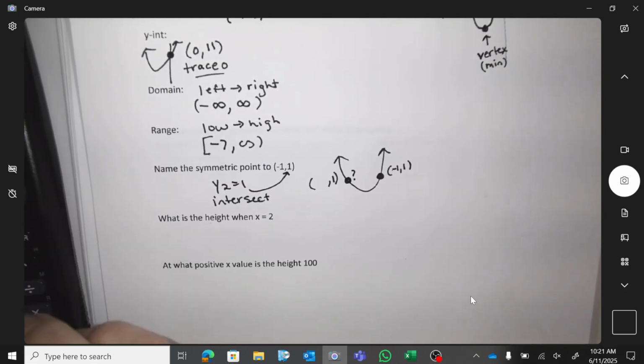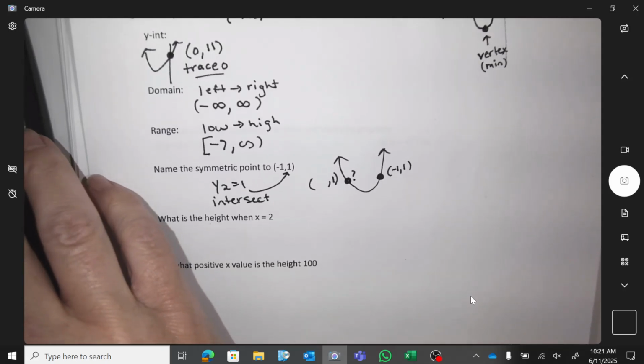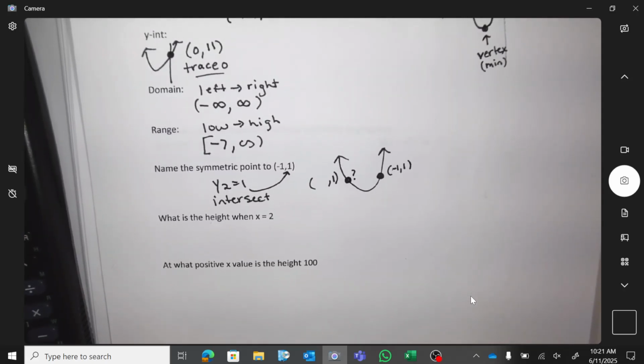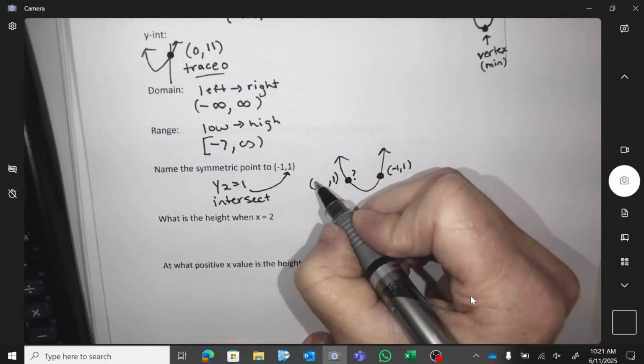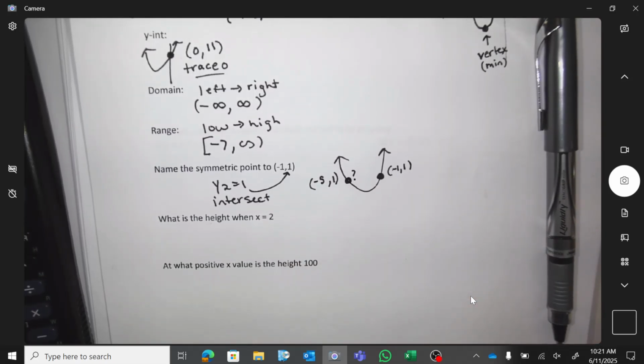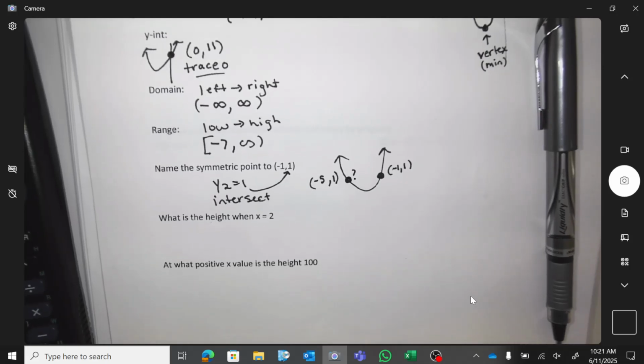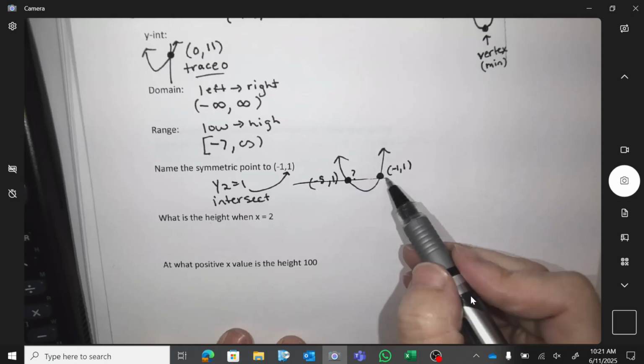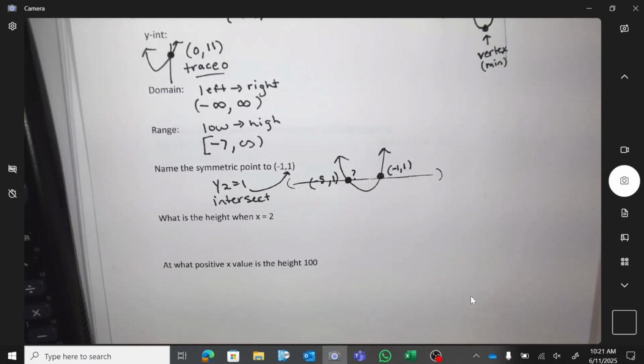Get your mouse closer to, there's two intersections, right? Okay, I'm going to clear that one out. I'm done with that. So that's what I did.